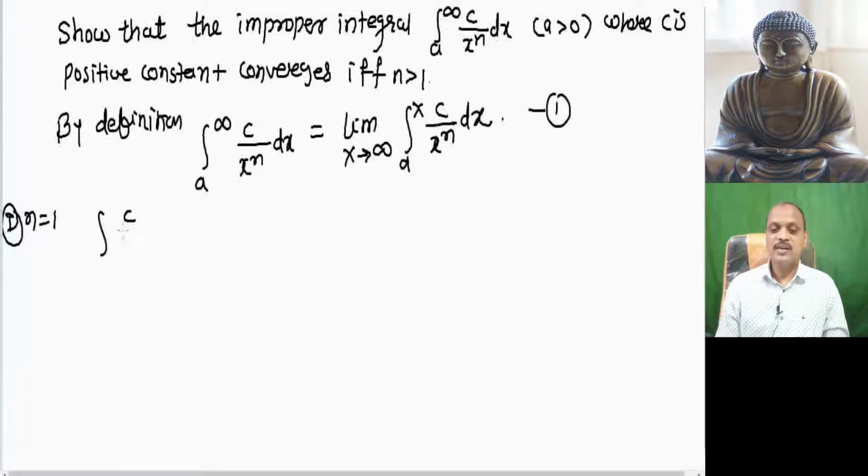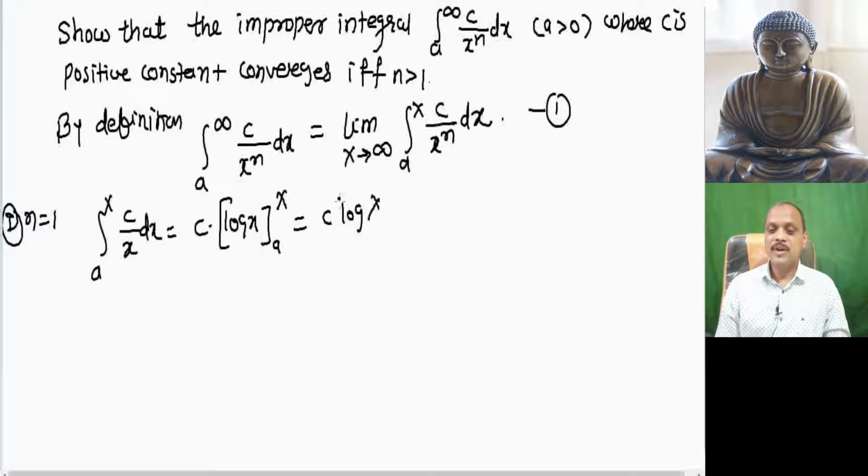Then the integral of c divided by x between the limits a to X dx, where c is constant and the integral of 1 by x is log x, equals c into log of capital X minus log of a, equal to c into log of capital X divided by a.